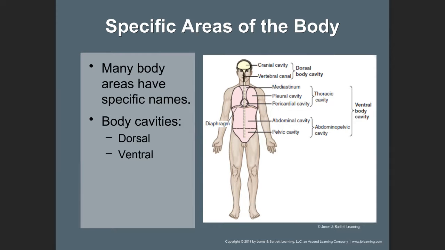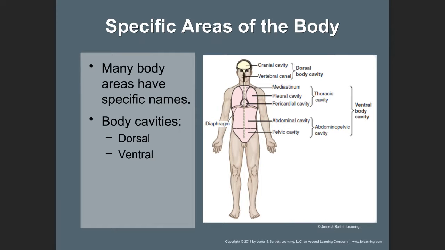Mediastinum is where you're gonna have the heart, major blood vessels, and the esophagus. The pleural cavity is where you have the lungs. Pericardial cavity is where you have the heart.